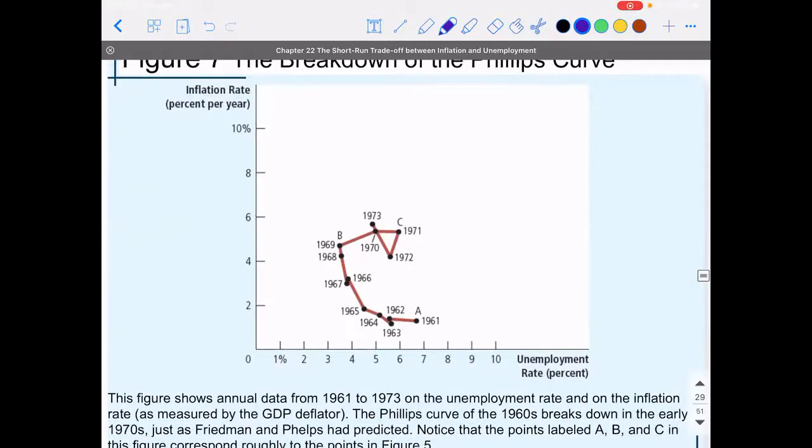And that's where it all breaks down. See what happens in the 1970s? You start to get that stagflation, where you have a stagnant economy, or an economy that's even slowly getting worse while you maintain the inflation.